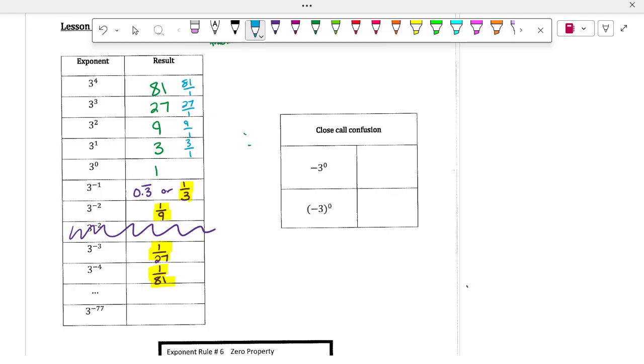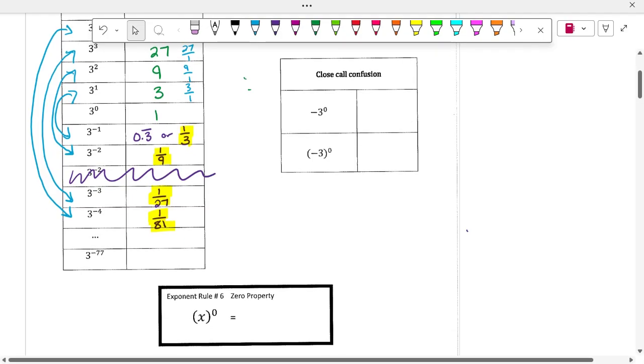All right. They're reciprocals of each other. +4, -4. They flipped. Same thing with the 3s. +3, -3. They flipped. 2s are the same as well. And the 1s.